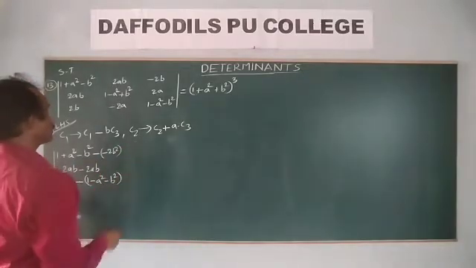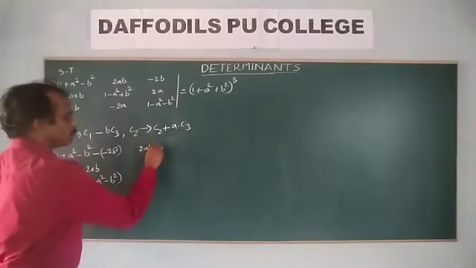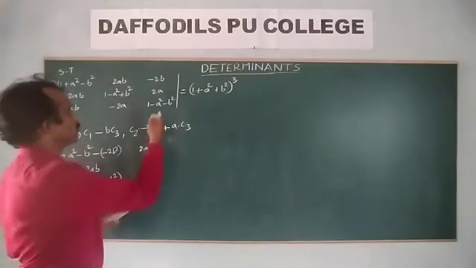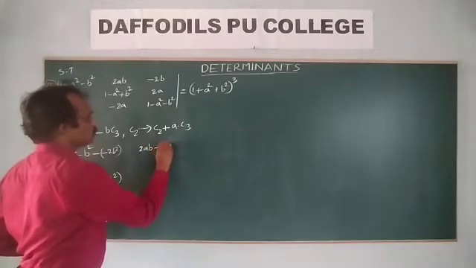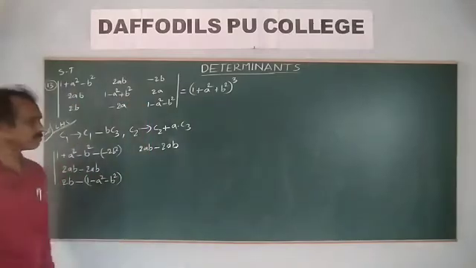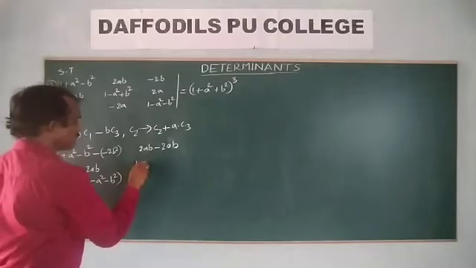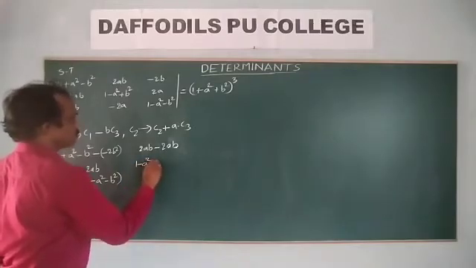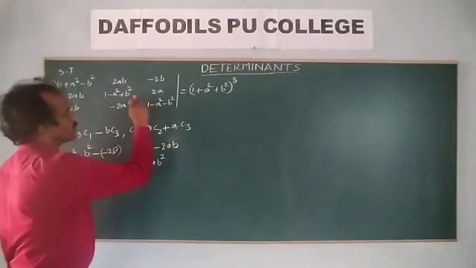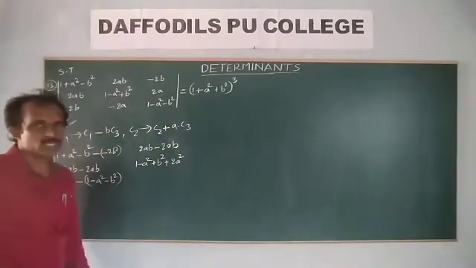Now consider the second elements. 2ab is there. C2 gives C2 plus a C3. A C3 means plus, and since there is already a minus, 2b into a gives 2ab. Next, second element 1 minus a square plus b square plus a into 2a square.